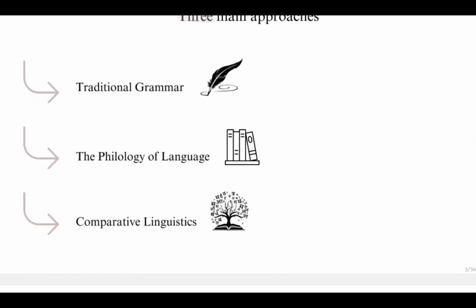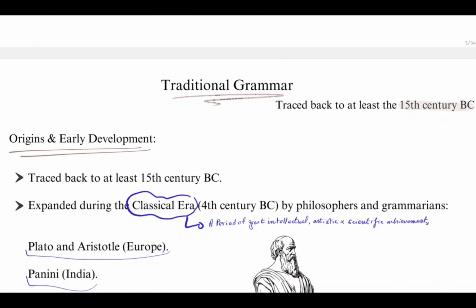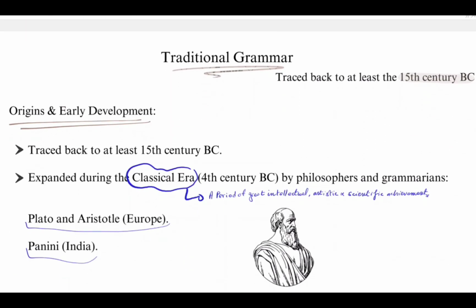There are three main approaches, starting first with traditional grammar. It is actually traced back to at least the 15th century before Christ, and expanded during the classical era.